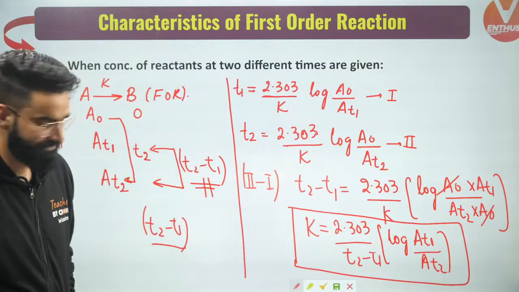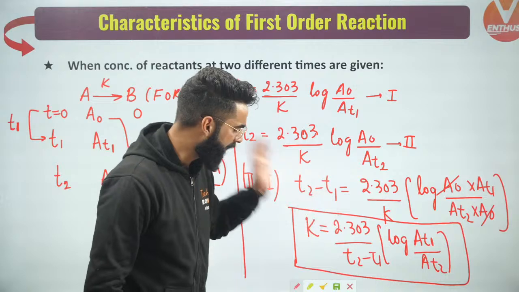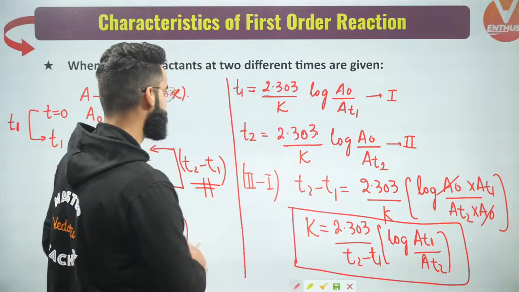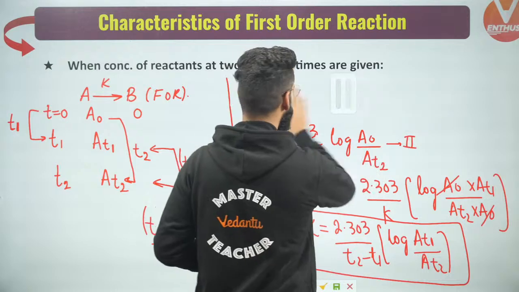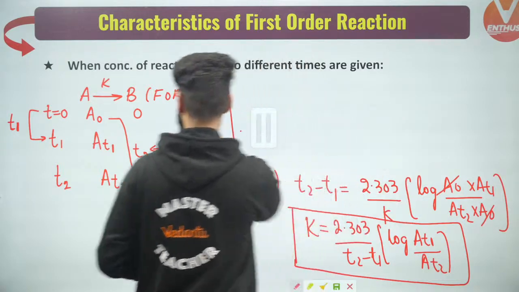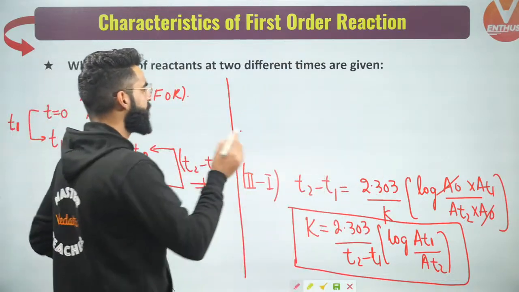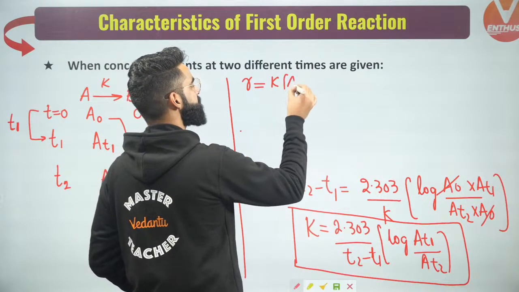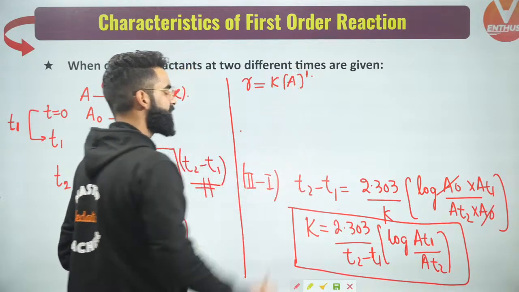Now people, I can arrange this equation a bit nicely. In another form, I'm giving you the first order reaction right here. And we know for a first order reaction, rate of reaction is equal to K multiplied by concentration of reactant to the power 1. Correct?